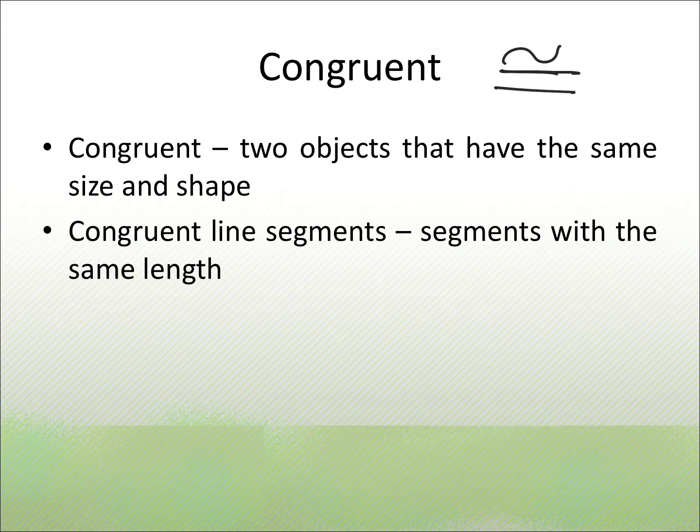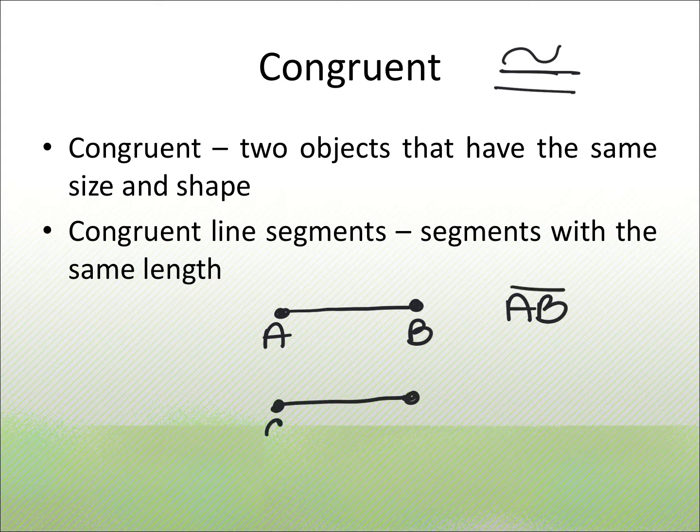When we refer to two congruent line segments, those are going to be segments that have the same length. So for example, if I were to draw two segments here, and I call this one segment AB, and then draw another segment and call this CD, now just looking at these, in geometry, you can never assume anything.